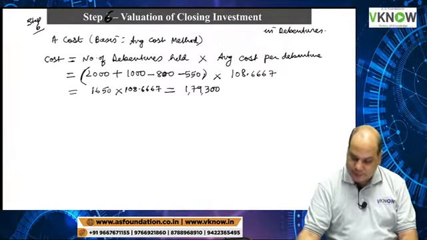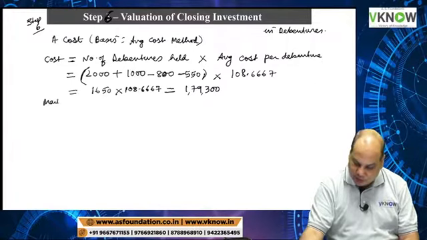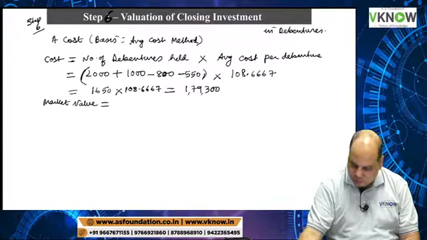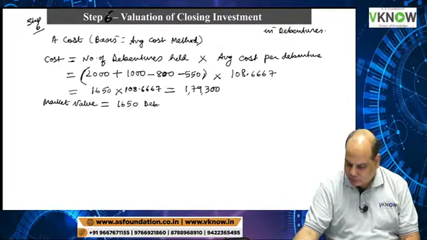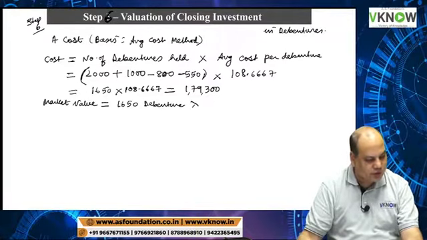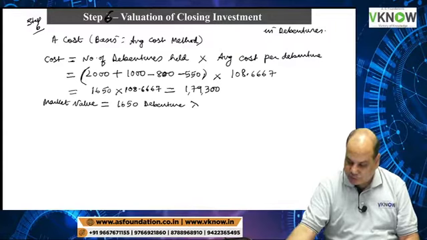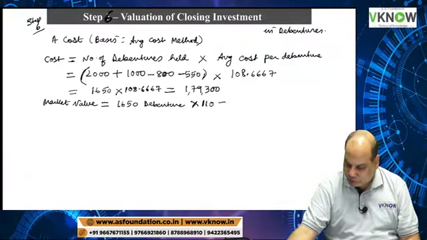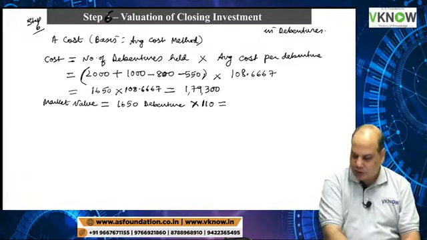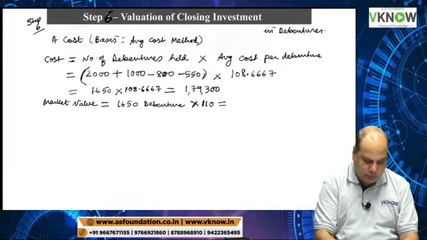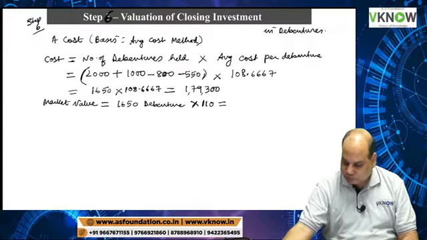179,300 is right. And what is market value? We have 1650 debentures. Go to question. Market price of debenture is 110 rupees. So that is 1650 into 110, 181,500.